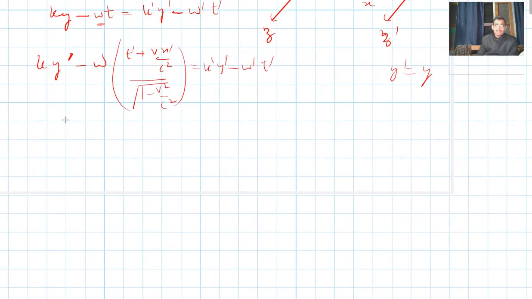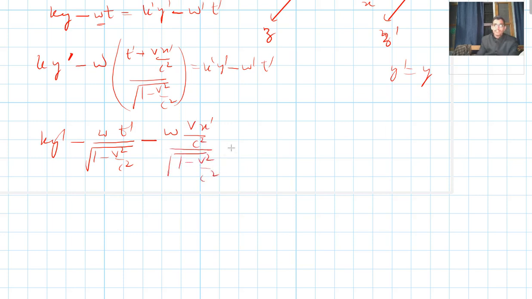It's a very interesting result which emerges out of this little calculation. Let me expand it: omega t prime over square root of 1 minus v square over c square, minus omega v x prime over c square over square root of 1 minus v square over c square, is equal to k prime y prime minus omega prime t prime. Since there is no term like the x prime term on the right side, it should be 0, and the rest must match.